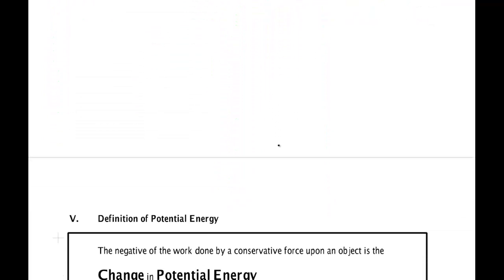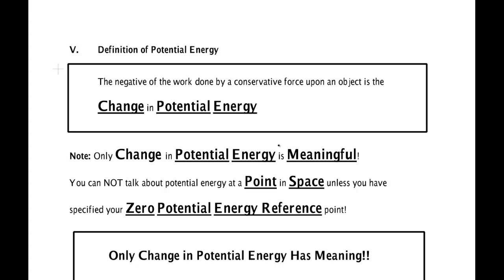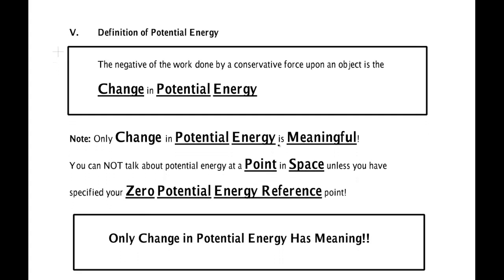All right. Now, if we're going to have to calculate all of these works, some forces, when you calculate them, it turns out that the amount of work they did depends only on where you start and where you stop, and not upon the path. These forces are called conservative forces.